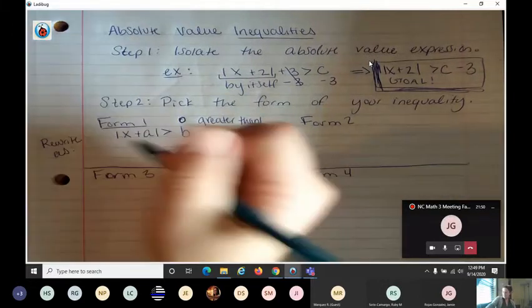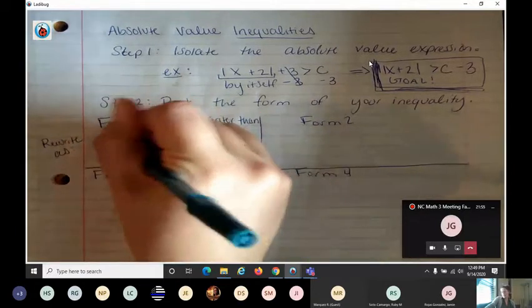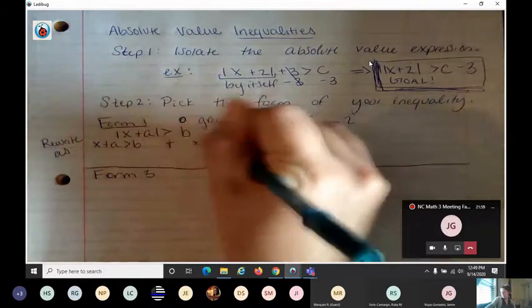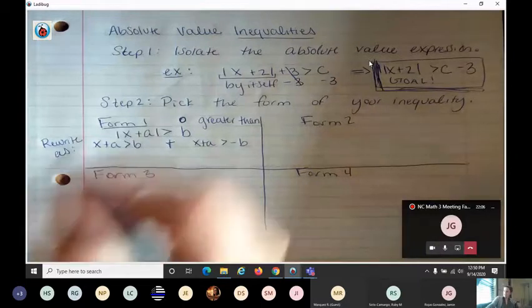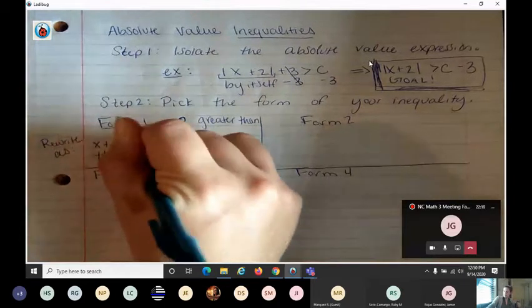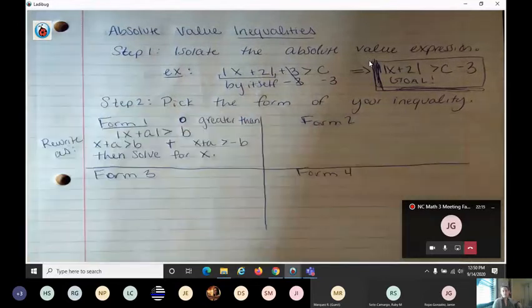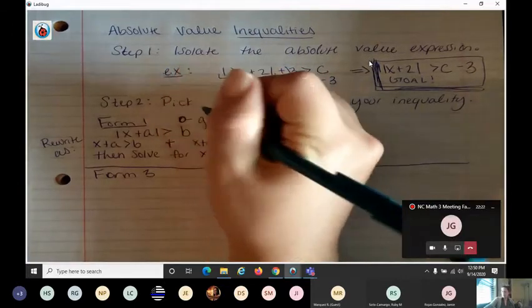Okay, so we're going to have x plus a is greater than b, and we'll have x plus a is greater than negative b, kind of like our equations that we did last week. All right, and the last step is going to be to solve for x. Okay, so that's form 1 when we have strictly greater than.